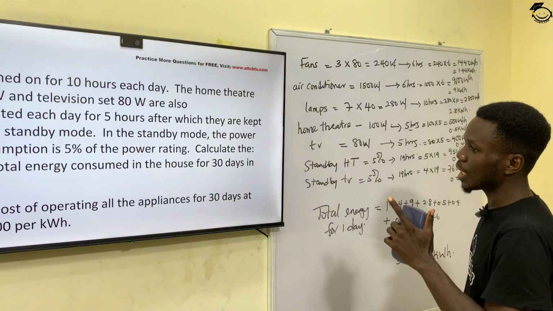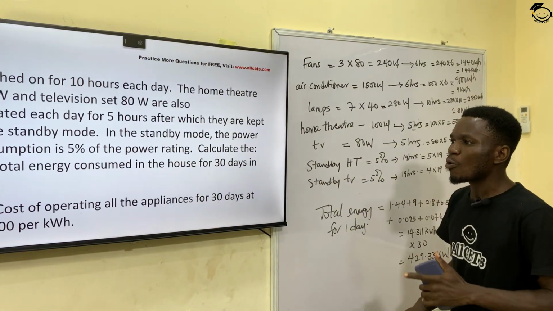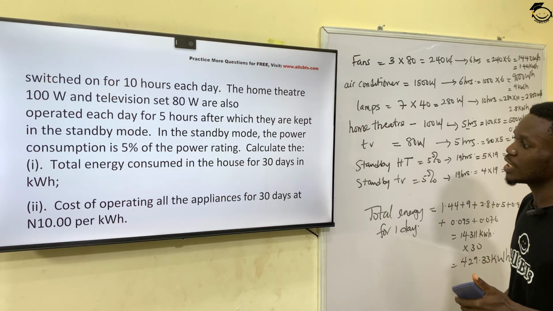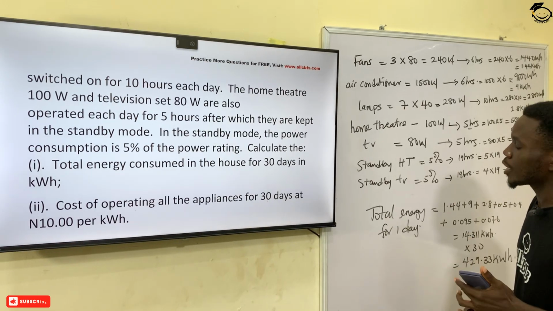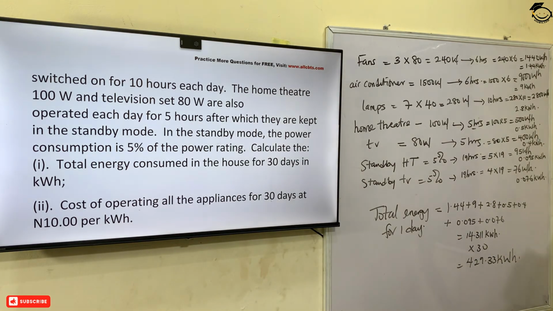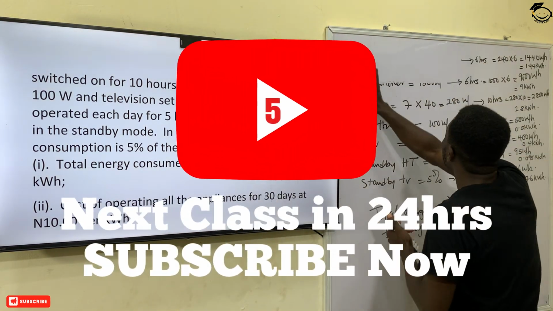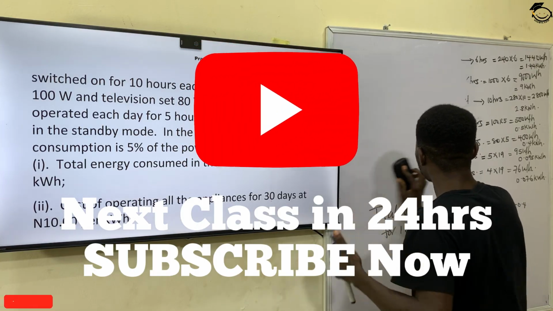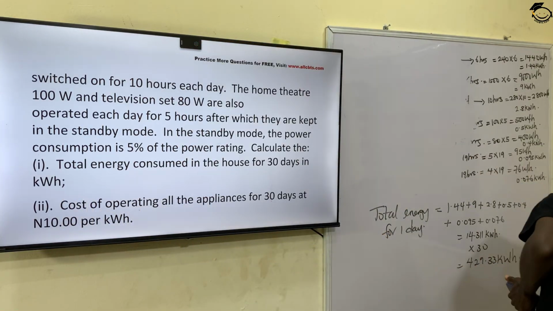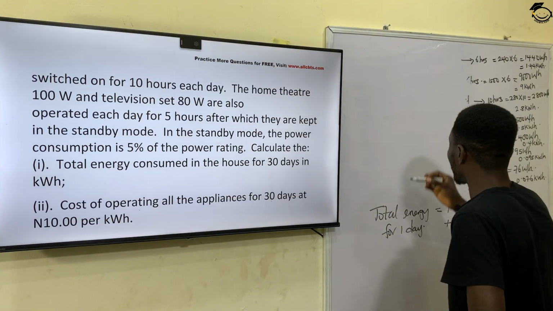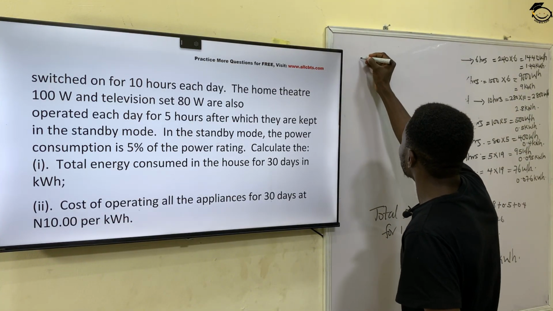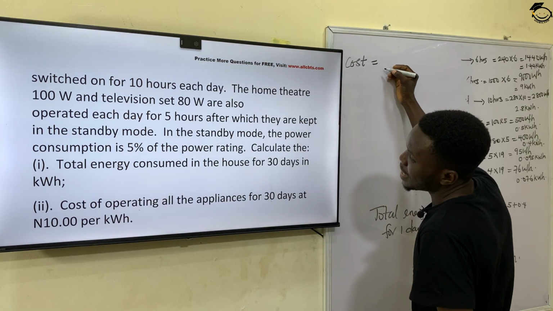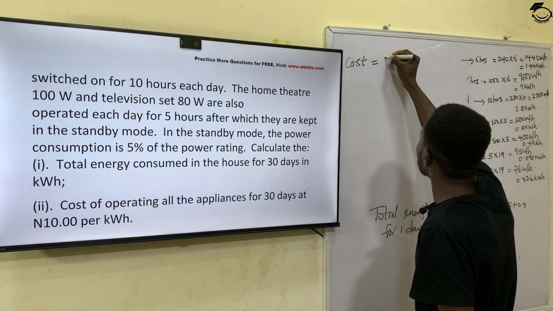But Roman figure 2 says we should find the total cost of operating all the appliances for 30 days at 10 naira per kilowatt hour. So if we are to find the total amount that was used by this particular individual in his house for operating these appliances, we know that the cost is going to be the price times the total energy consumed.